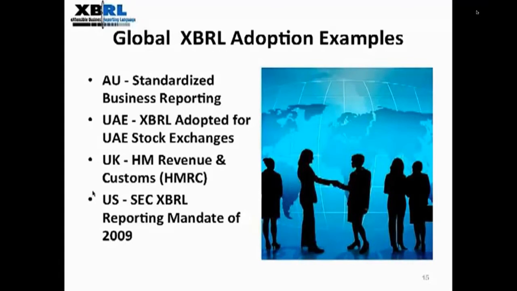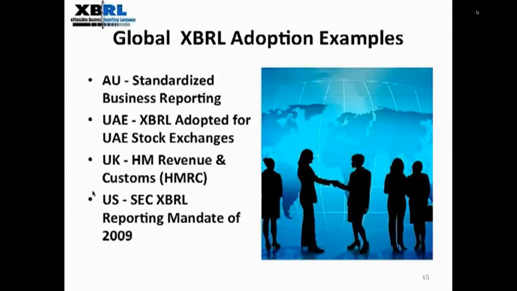Since April of 2011 in the UK, Her Majesty's Revenue and Customs has required that all organizations, listed companies, private companies, nonprofits, and charities file their tax information using XBRL.